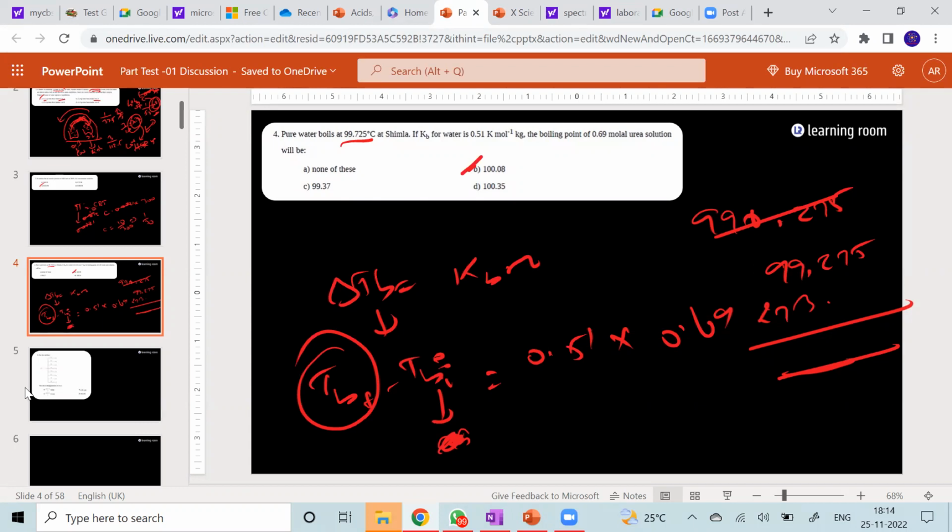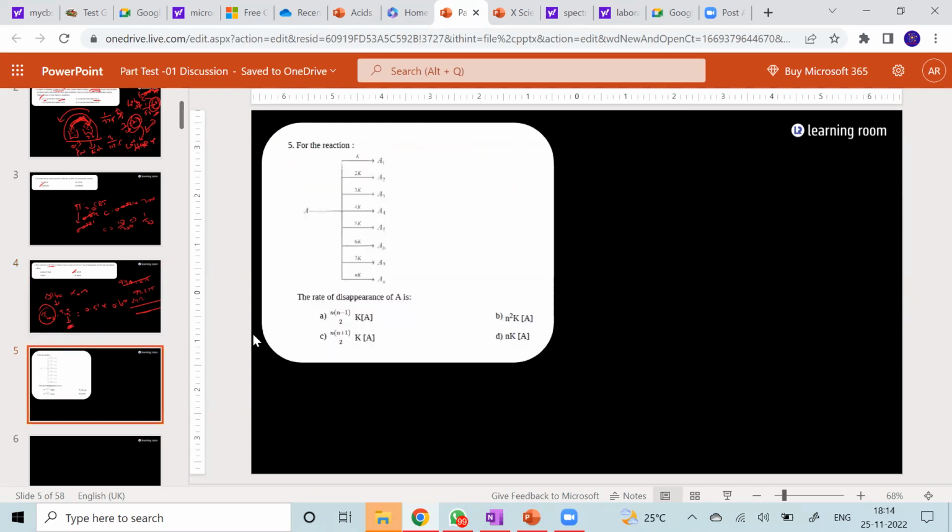Okay, sir. Next. They're telling that these are the K values for the reaction. All these are given to us, right? Now the rate of disappearance of A is, you see that A is giving A1, A2, A3 up to AN, everything is given to us. So the rate of disappearance would be rate of A equal to K into A power N, right?